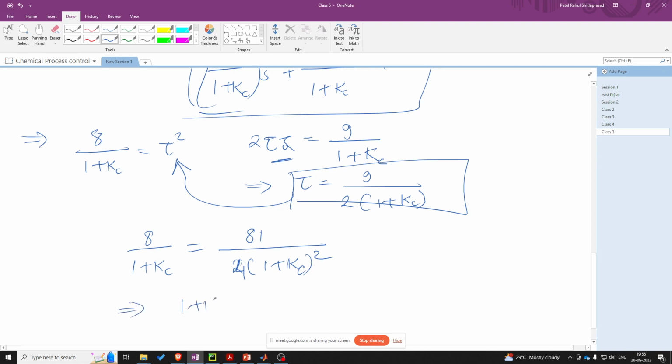That is, 1 plus Kc is equal to 81 by 4 into 8.